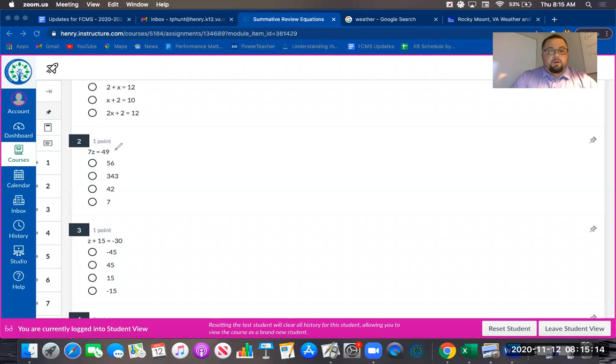All right, the next one we have 7z equals 49. So this one's wanting us to solve it. Now remember with these, when you have a coefficient like 7 here, 7 is your coefficient. It's telling me I am multiplying that variable by that many times.